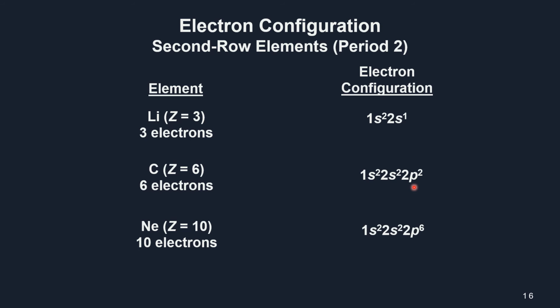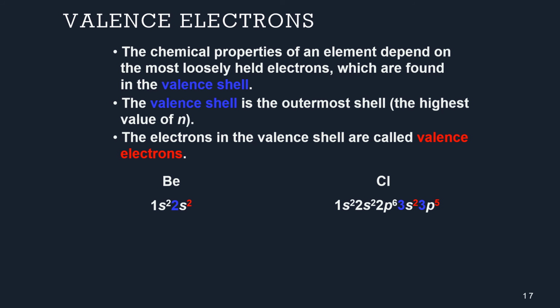Neon has 10 electrons. It's going to look like this: 1s2, 2s2, 2p6. If you add all the electrons together, 2 plus 2 plus 6, you get your total of 10 electrons. So we're just filling this in as we go.